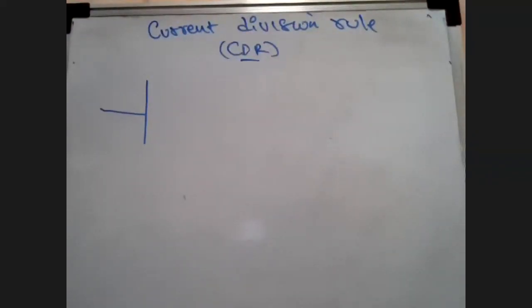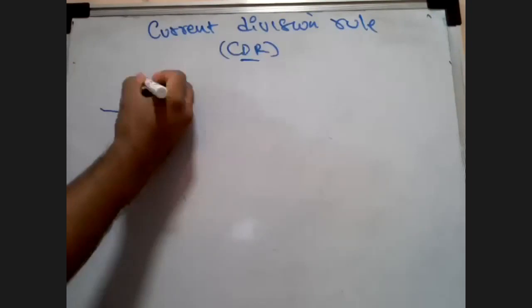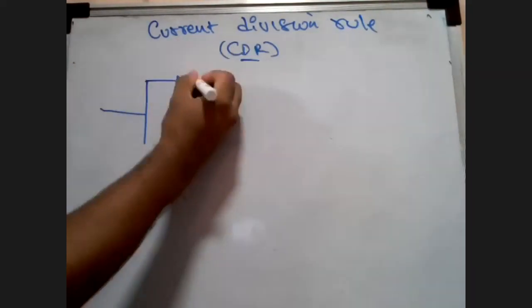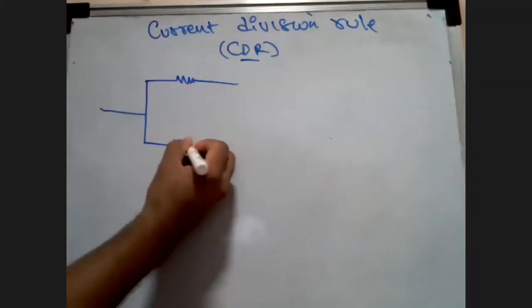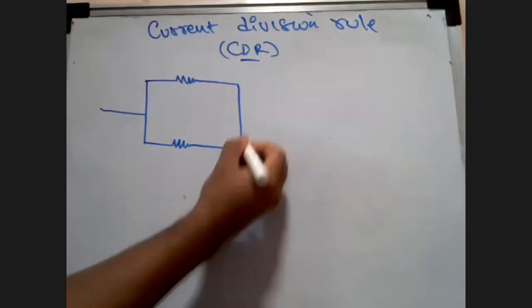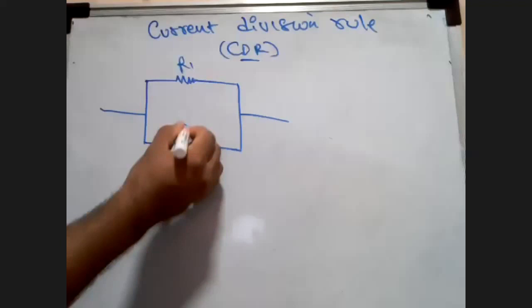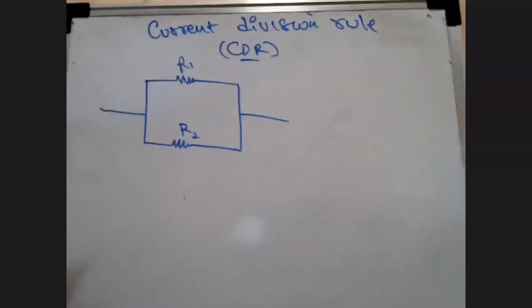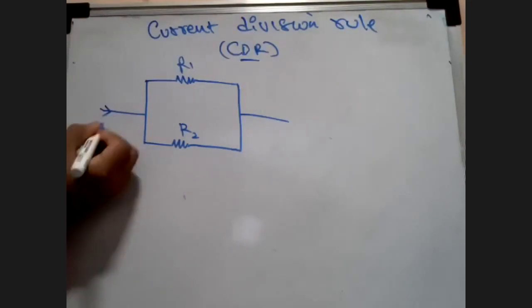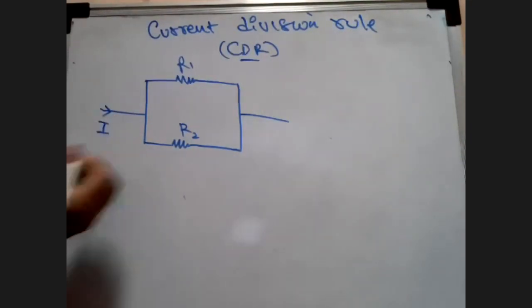See, look. If there are two resistors in parallel like this, and I will say that this is R1 and this is R2, and this entire circuit is connected to a battery. So the current flowing here is total current I, yes or no?